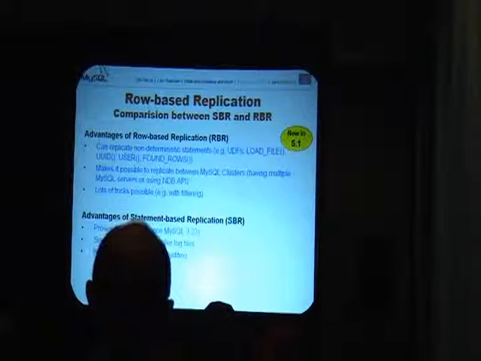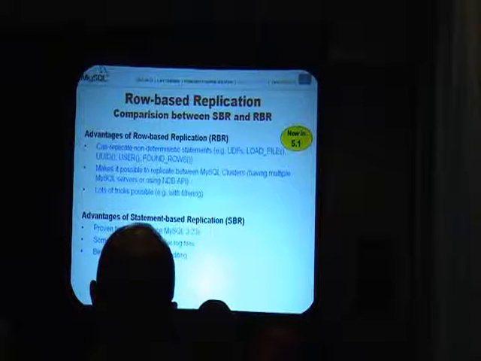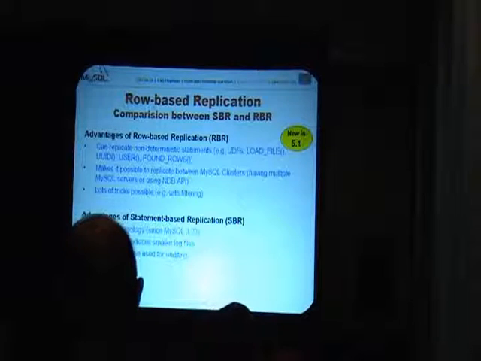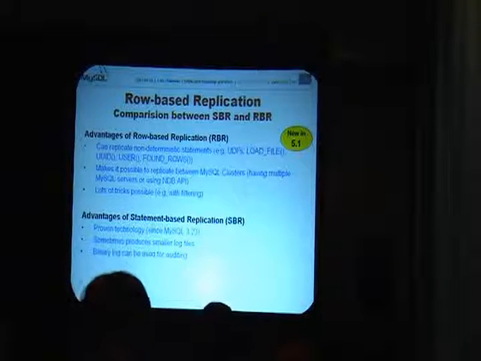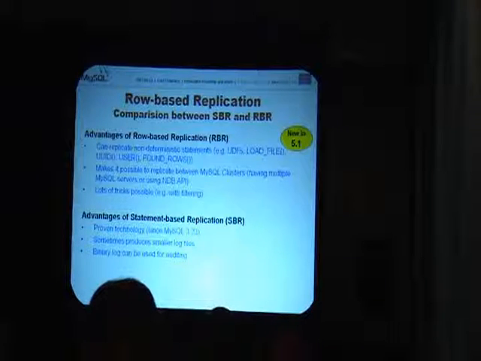So we need to ship a lot of information about variables, and for random numbers we need to ship the seed over to the slave so exactly the same random number will be generated. But with row-based, we only ship over the data, so the random number has already been generated. We do not re-execute the statement on the slave, we ship over the information.